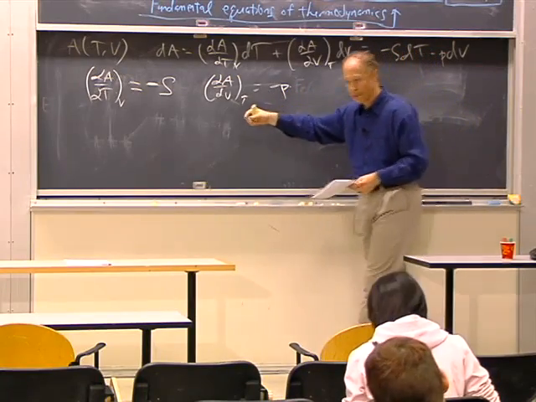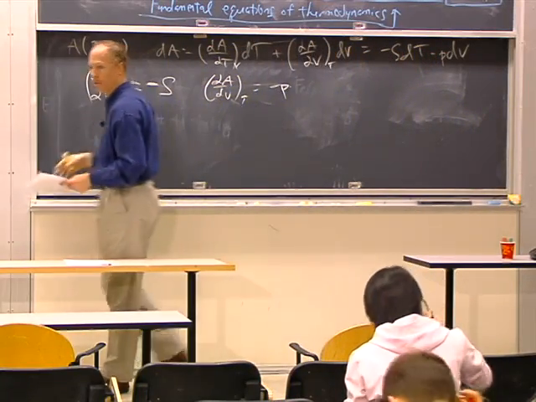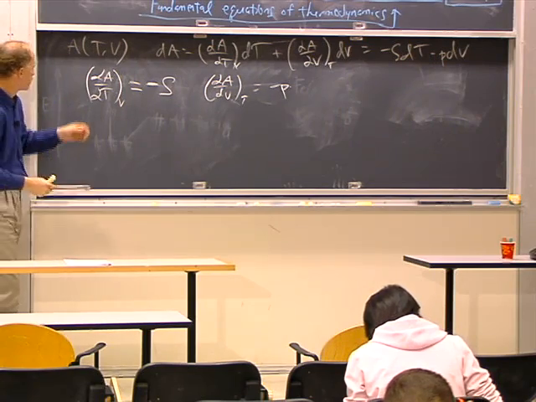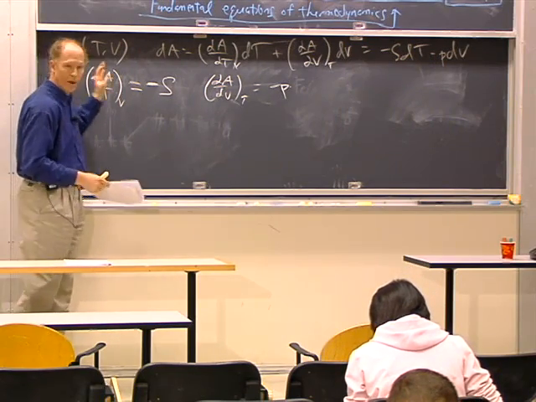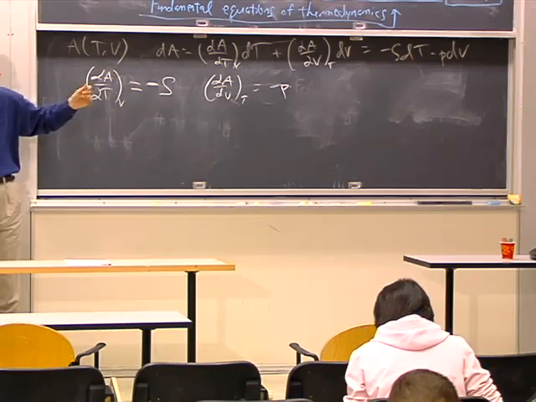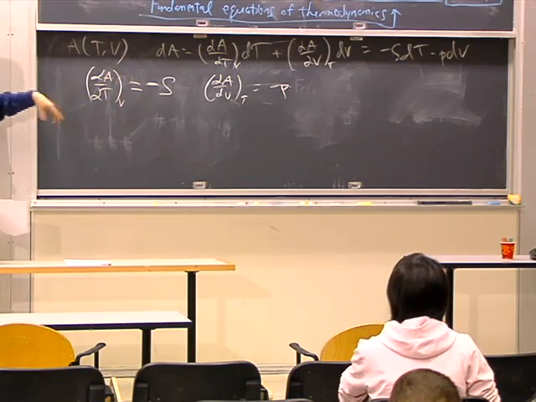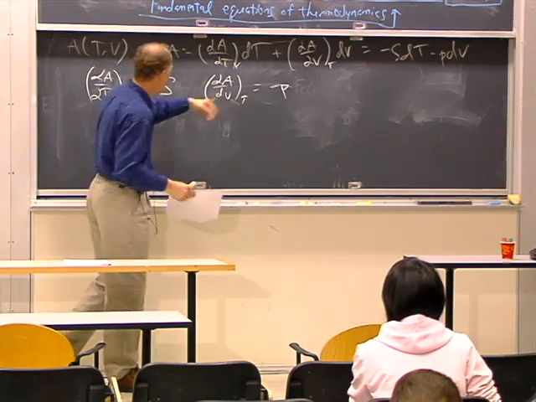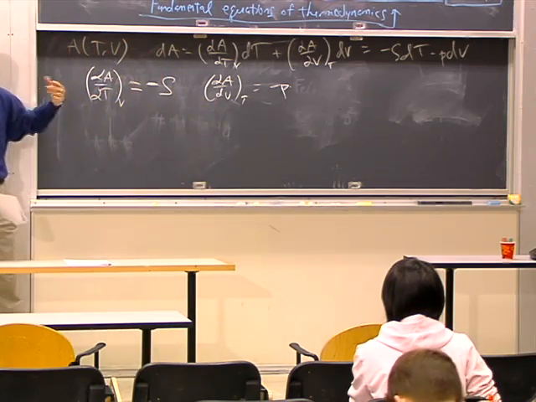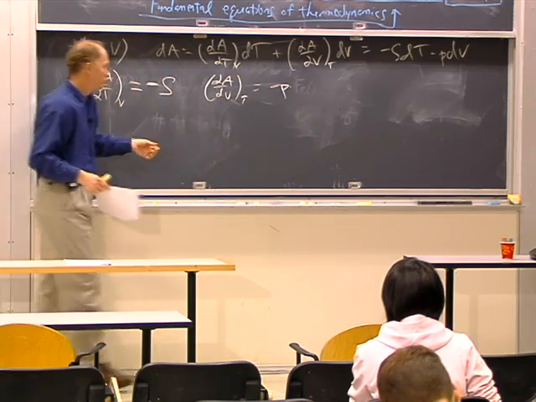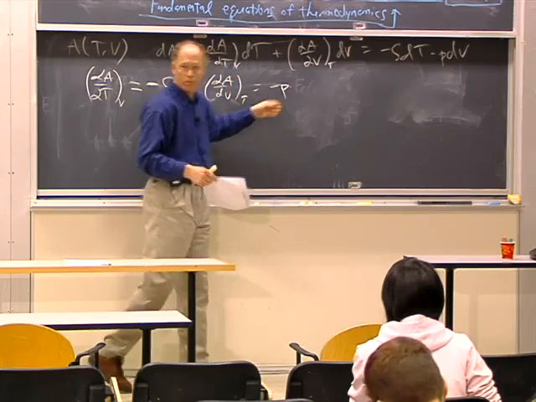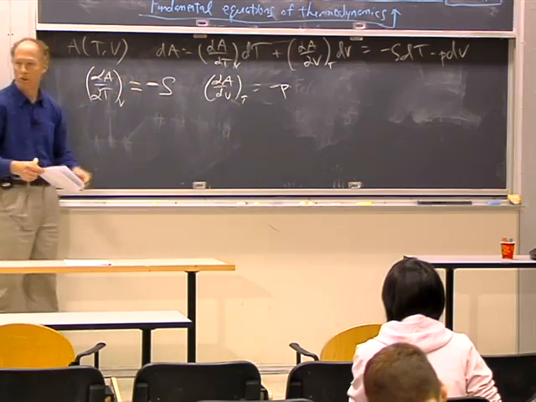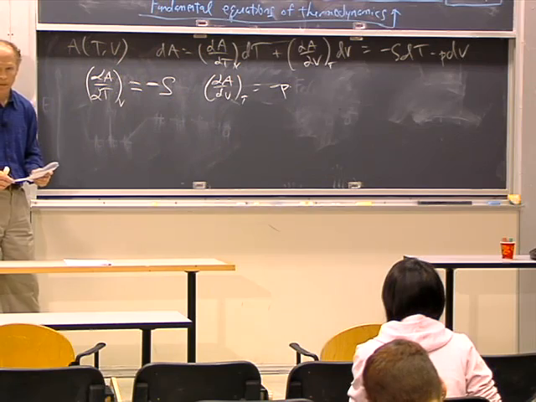So I can, in a very straightforward way, say, okay, here is my Helmholtz free energy if I'm working under conditions of constant temperature and volume. That's very useful. Now, if I want to change those quantities, change the temperature, change the volume, how will it change? Well, I can, for any given case, measure the pressure, determine the entropy, and I'll know what the slope of change will be.